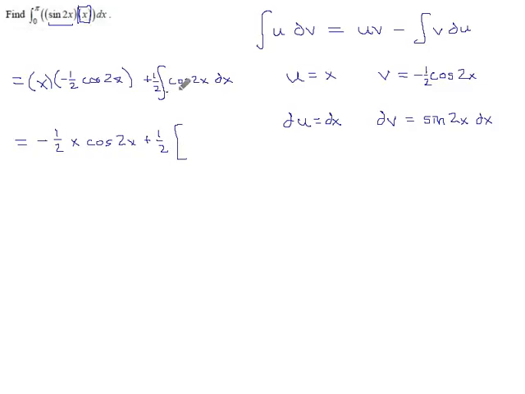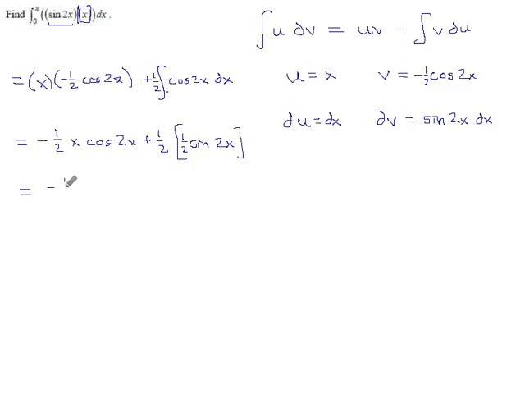times, now the antiderivative of cosine 2x is going to be sine 2x, but because a 2 is going to pop out of here, we get a 1/2 again. That happened twice. We're going to have to multiply those halves together. And I'm not going to say plus c because this is a definite integral.